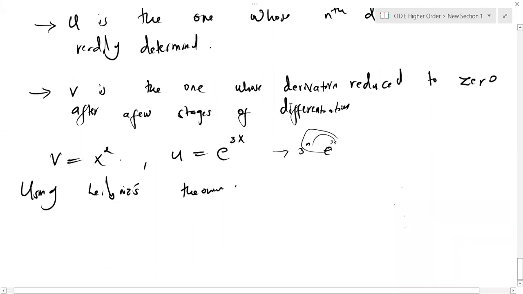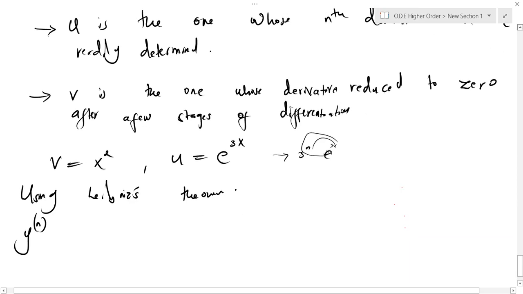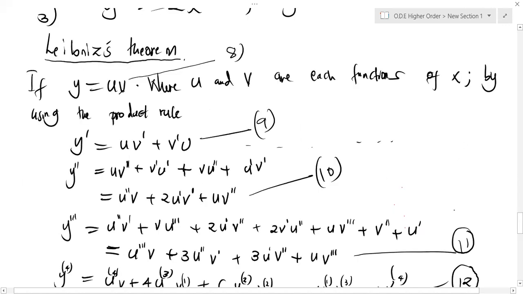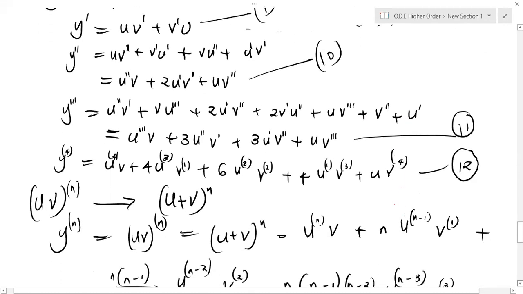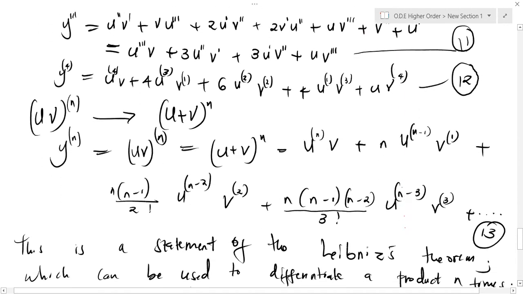our y to the n is equal to, now I really don't want to write it again. Let's just go back so that you see the theorem that we are using, so that I don't have to repeat it over and over again. So here it is, our equation number 13.